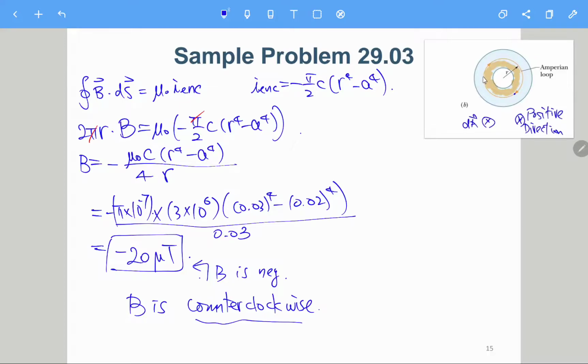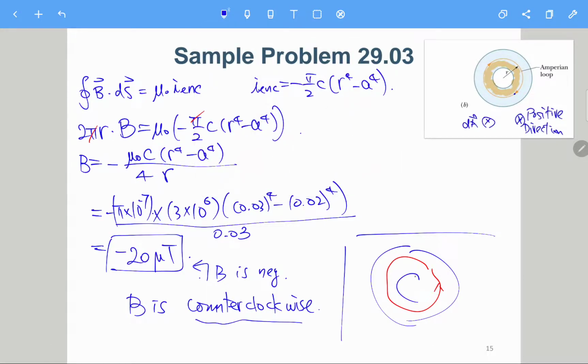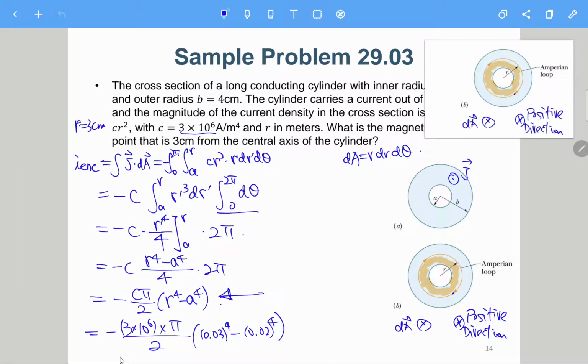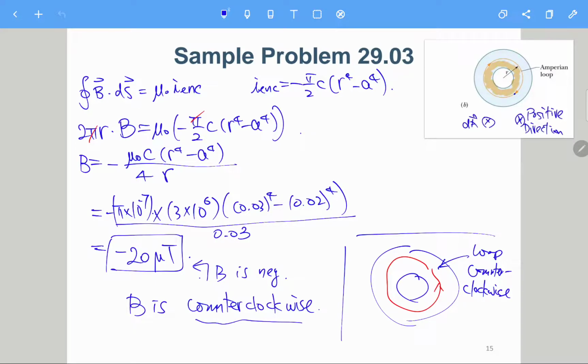Actually, if you define the loop in a counterclockwise way, then you have the current to be a positive value, and finally you will get a positive number.